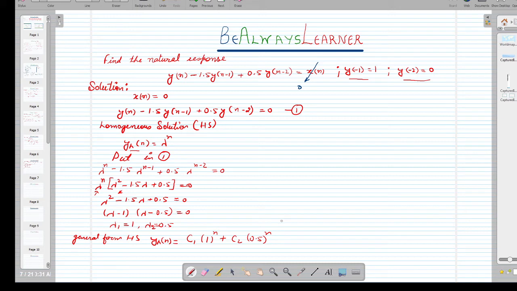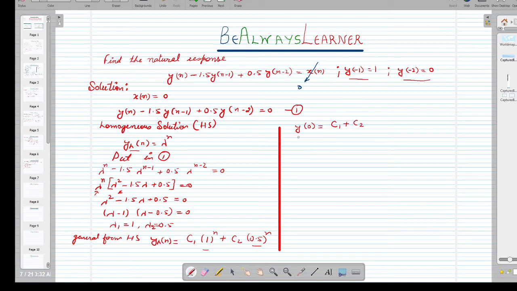So first we have to compute y0. I'm going to have y0 and if we put n is equal to 0, we have the equation c1 plus c2.